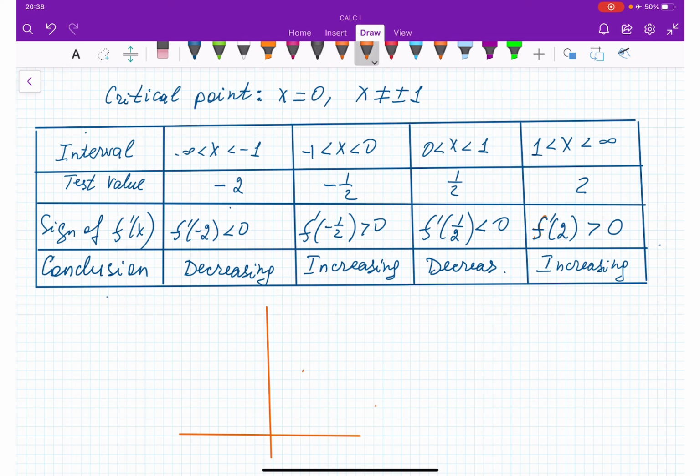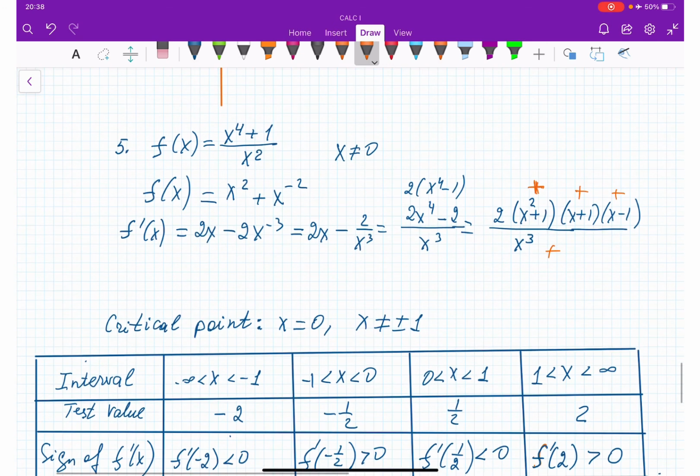Okay, so what do we have? Critical values -1 and critical value +1, right? At the critical value 0, there won't be any value because it's coming from the division by 0. So 0 is going to act as an asymptote, correct?